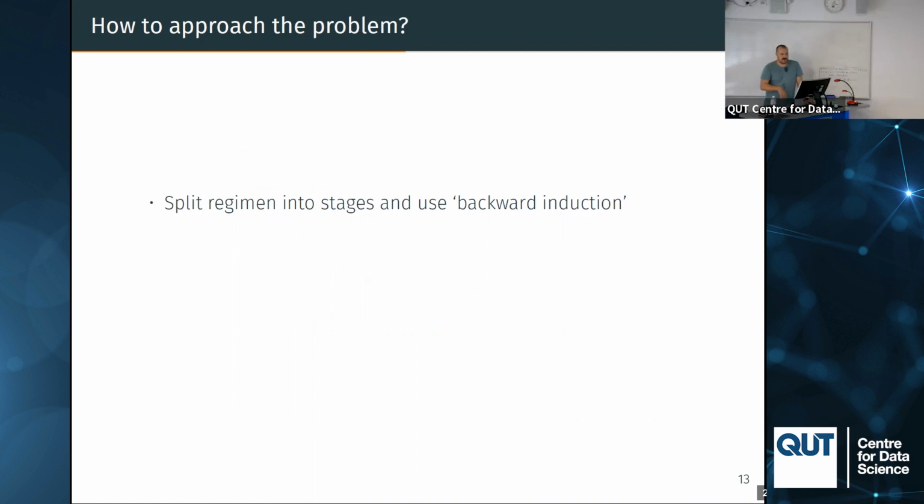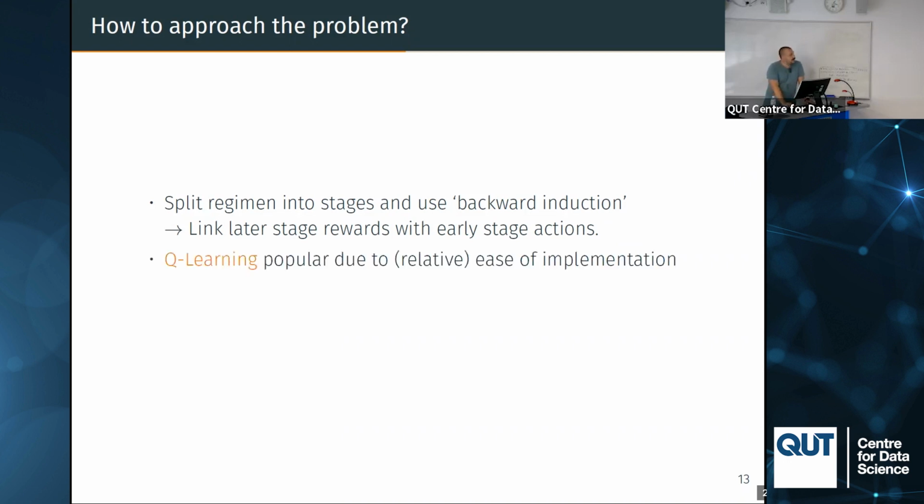So one approach to this problem is to use dynamic programming. So to split the regimen into its component stages and to use backward induction. So to work from the second stage back to the first stage. So we're linking these later stage rewards with early stage actions, or linking later stage outcomes with early stage treatments. What's known as Q-learning is fairly popular in the literature because it's relatively easy to implement.